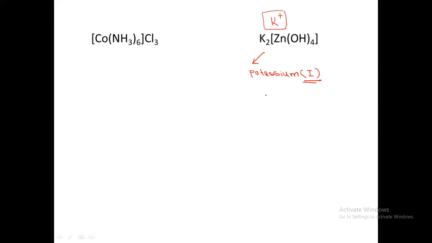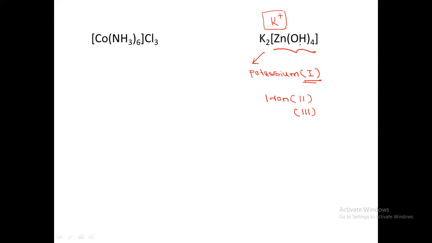But if it's iron, you have to mention the charge because there are two types of iron, Fe2 plus and Fe3 plus. So for elements having more than one oxidation state, you have to write it. Basically we have to write it. So, potassium 1.